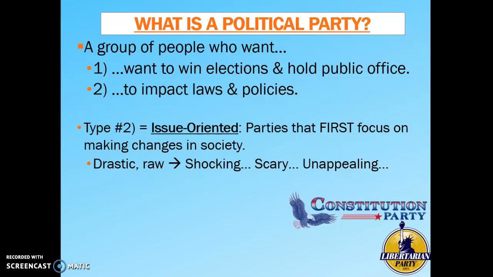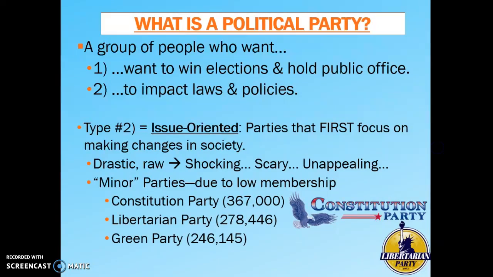They seem maybe a little scary, maybe a little unappealing at times, less like you want to vote for them because you're not quite sure what they're going to do. As a result, they tend to not be as popular. They have lower membership, so we sometimes refer to these as minor parties, or you also hear them called third parties, because Democrats and Republicans are the first two main parties, so any other party after them is considered a third party.